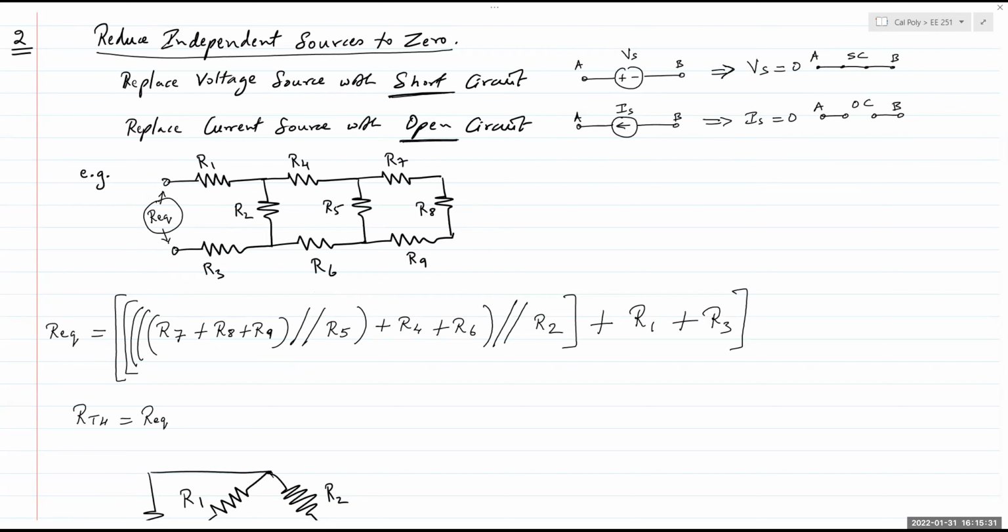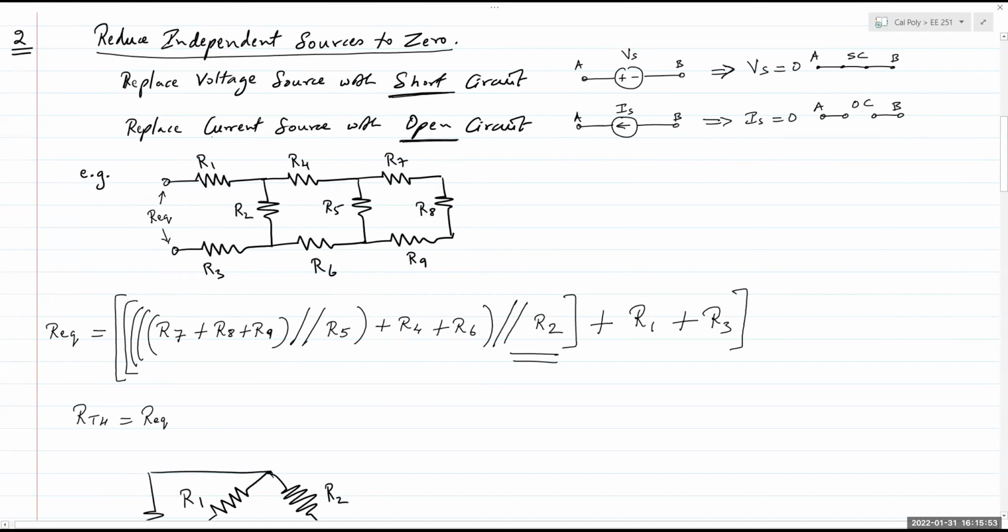They are in series, and that series combination is in parallel with R5. That parallel combination is in series with R4 and R6, which is here. And that would be in parallel with R2.